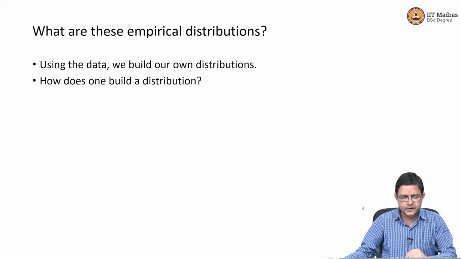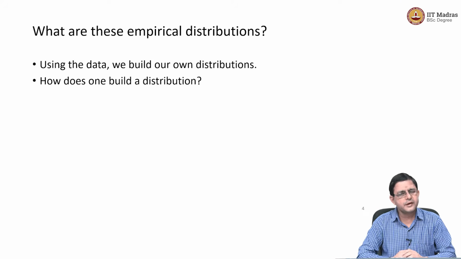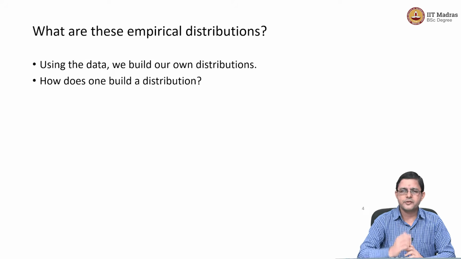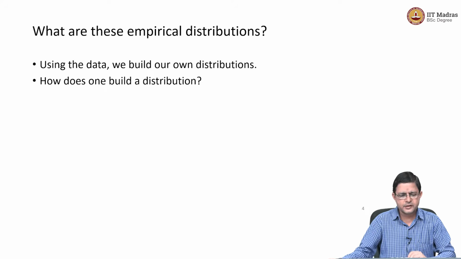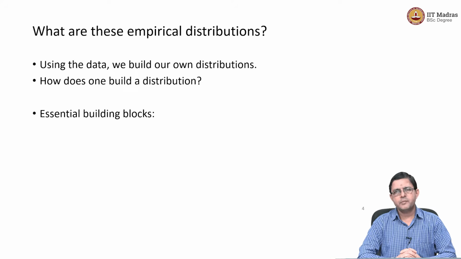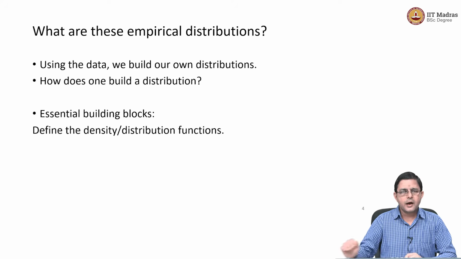So, let us go beyond. How does one build a distribution? First of all, what are the building blocks? For example, let us take the simplest, the normal distribution. If we were to characterize a normal distribution, what would we need? Well, we will need the building blocks. The essential building blocks of any distribution are the density function and the distribution function, right.